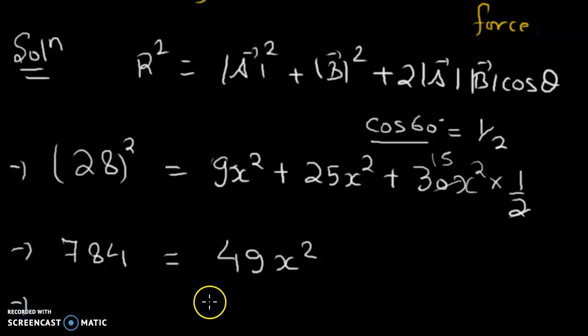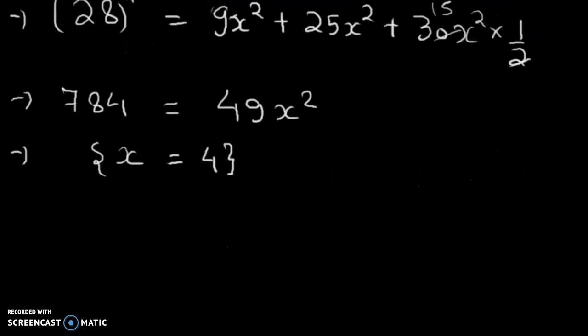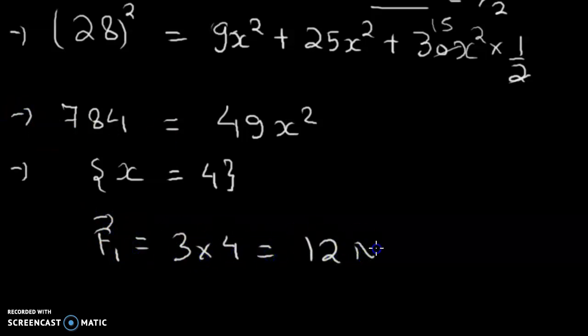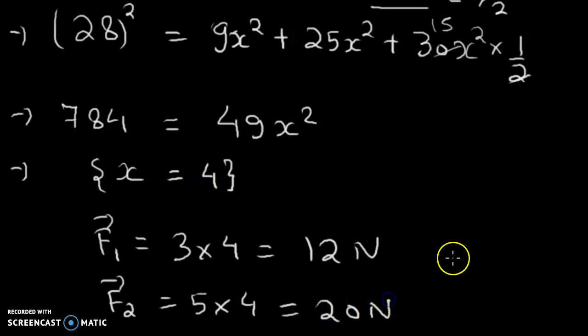So x comes as 4. So the individual forces you can solve: F1 would come as 3 into 4, that is 12 Newton, and F2 would come as 5 into 4, that is 20 Newton. It's not such a difficult problem, we can solve it.